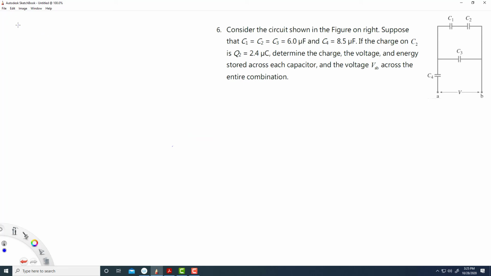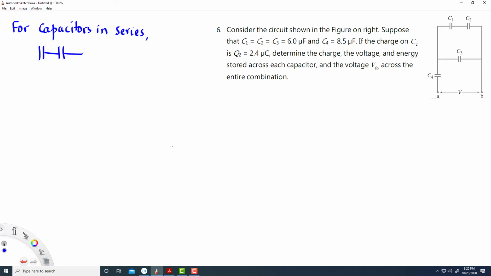When capacitors are in series, we find the combined capacitance by using this formula.